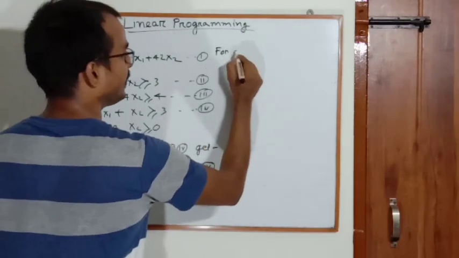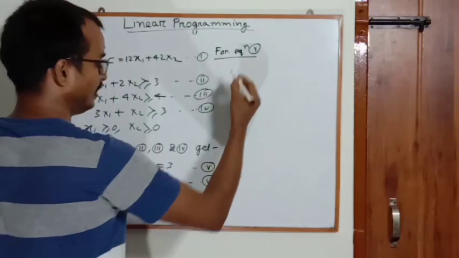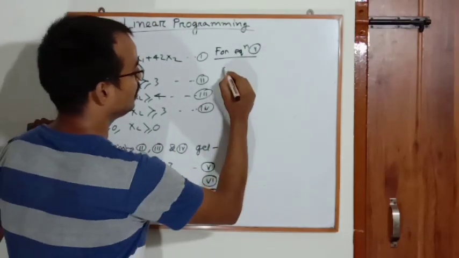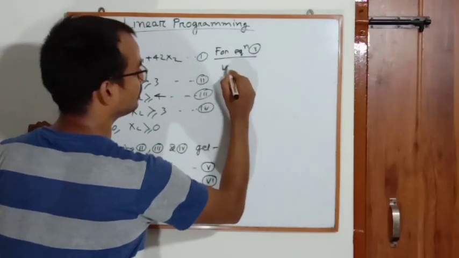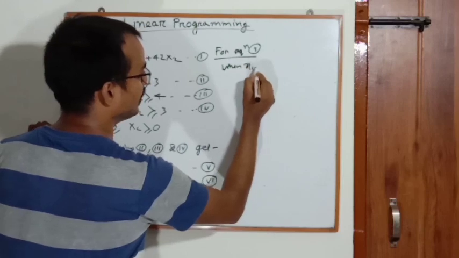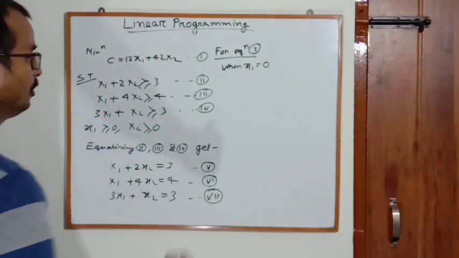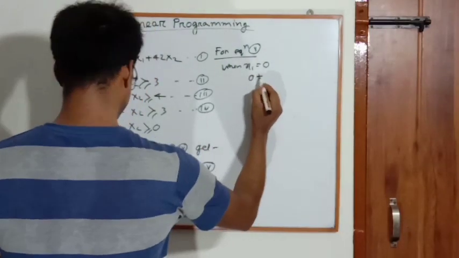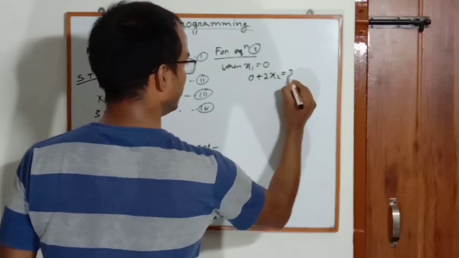For equation 5, when x1 is equal to 0, it will be 0 plus 2x2 is equal to 3.